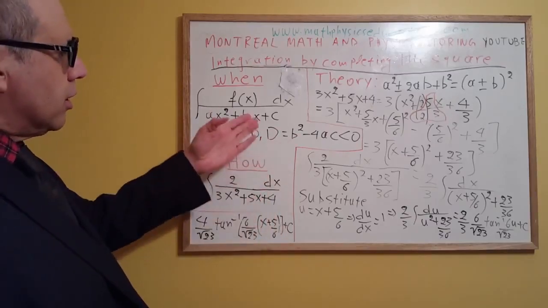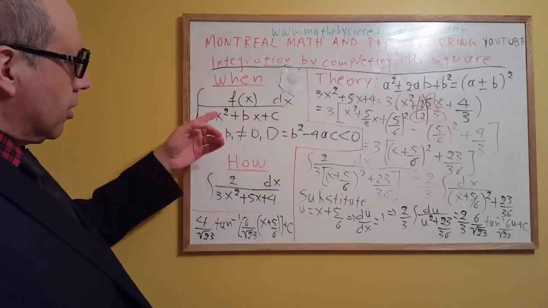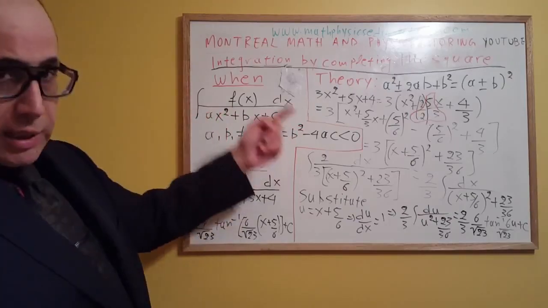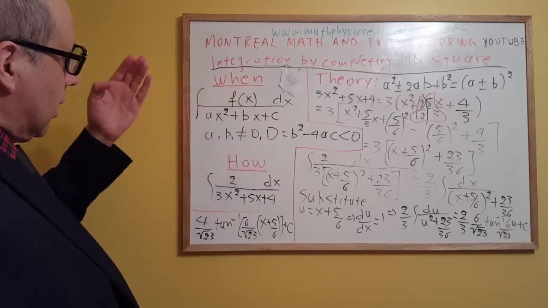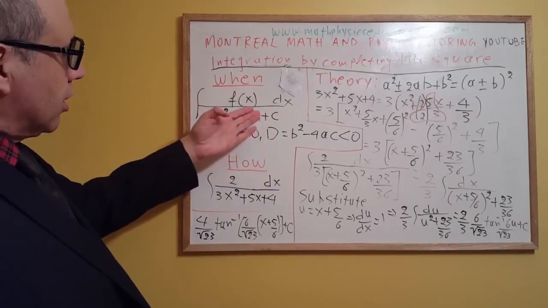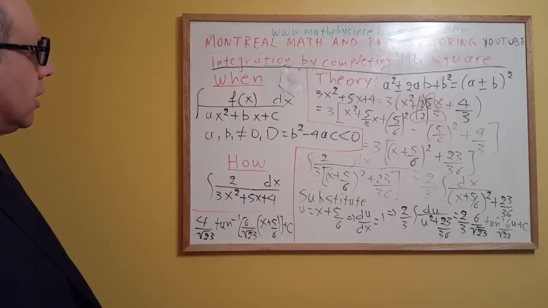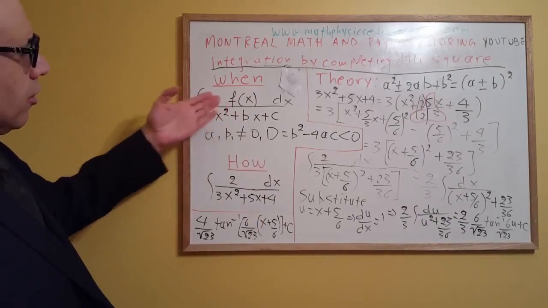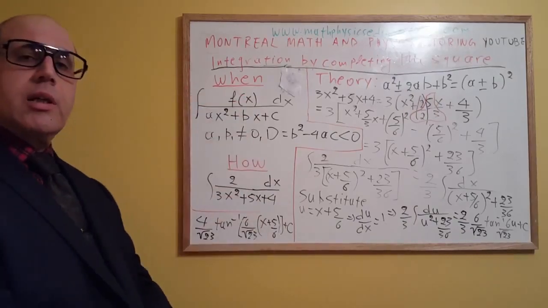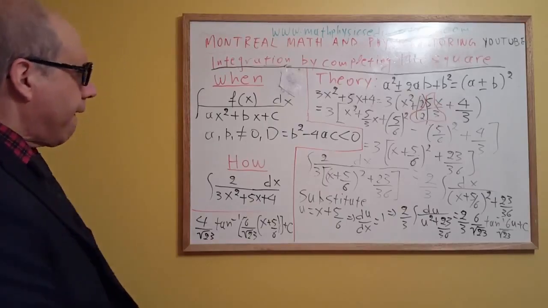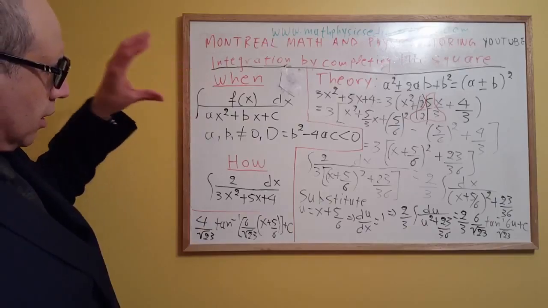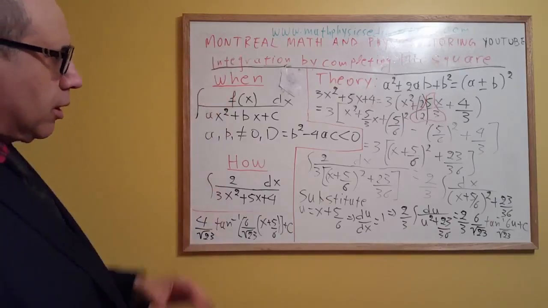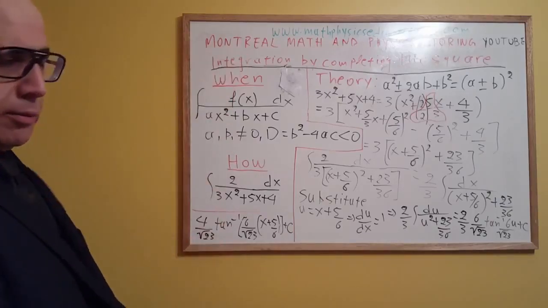And you need the discriminant of this quadratic to be less than 0, because if it's not, then you can factor it into linear factors, and then you can do this by partial fractions. So that's what you need to use this method of completing the square.